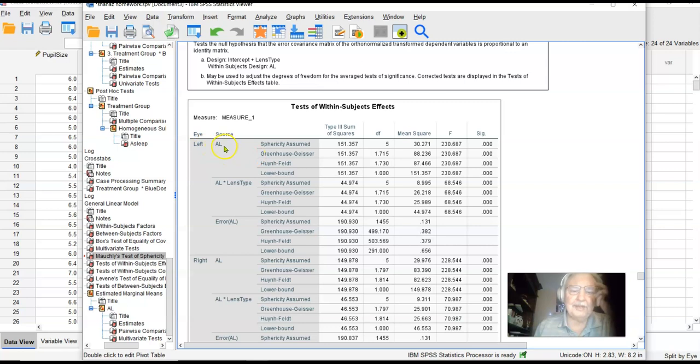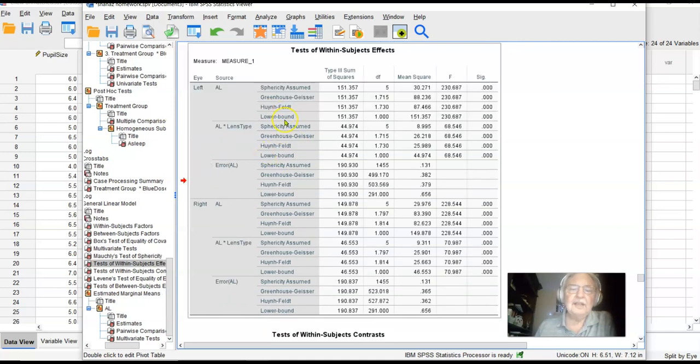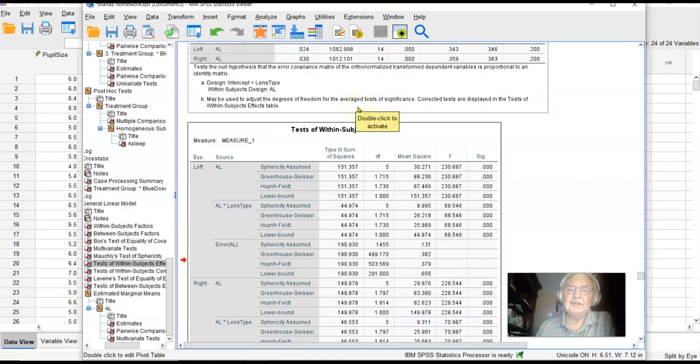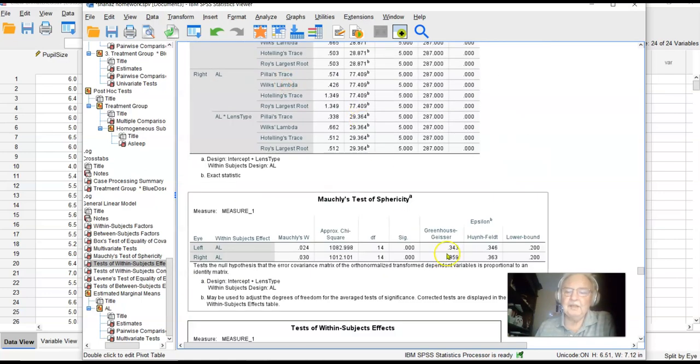For the left eye, we have axial length, and we have sphericity assumed. That's if you don't do any sphericity correction. And then this is Greenhouse-Geisser, Huynh-Feldt, and lower bound. What is adjusted are the degrees of freedom. No matter which one you do, they're significant, but we would report this line with Greenhouse-Geisser because the Mauchly sphericity epsilon was less than 0.75.